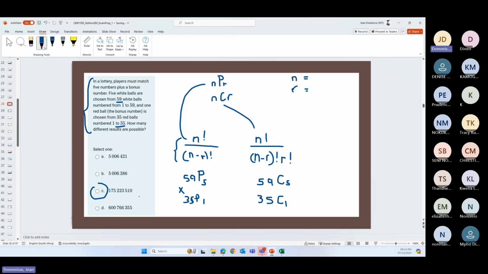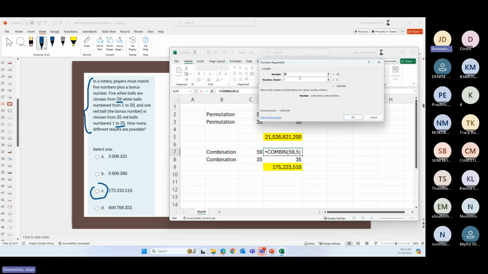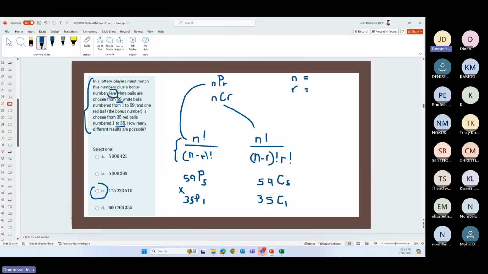Okay, so very different if they said to us something else, but let's quickly show again. Okay, so that combination, so I used the formulas of the 59, because n is 59, and they told us there are 5 white balls, so that is the 5.